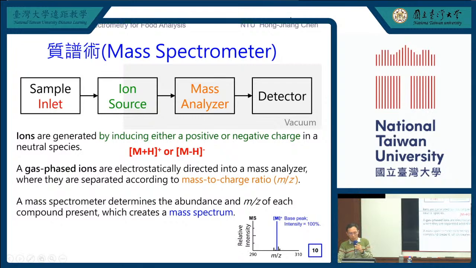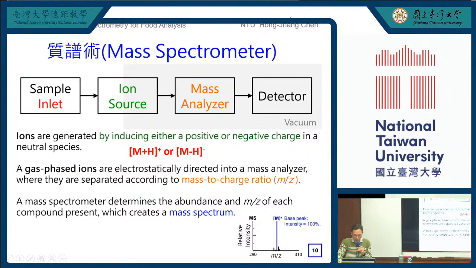Okay, so this one is MS. For MS, there are 3 major parts. One is the ion source, another is the mass analyzer, and then the detector. And these 3 parts are in a vacuum system. You want to let your sample into your MS machine, so you need a sample inlet. But for MS, we are not talking about the sample inlet. We're just talking about the ion source, mass analyzer, and the detector.